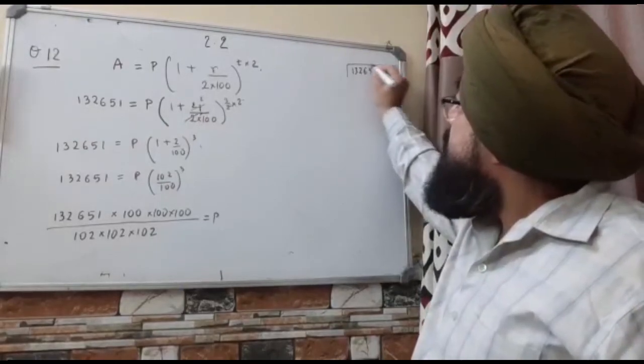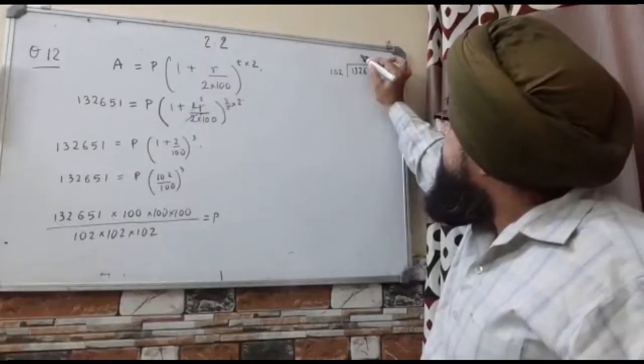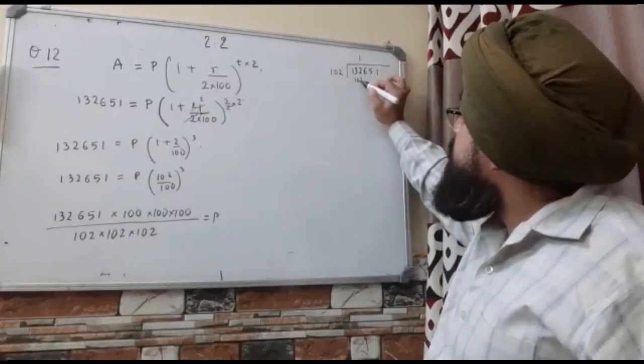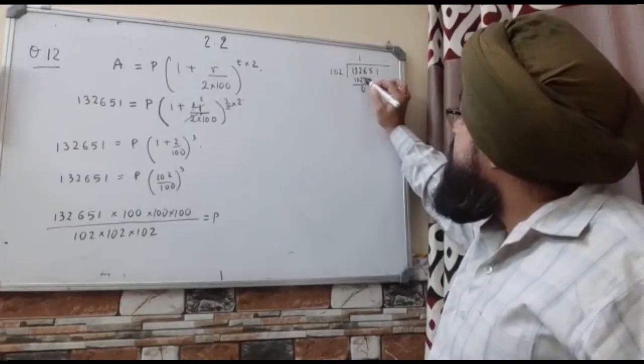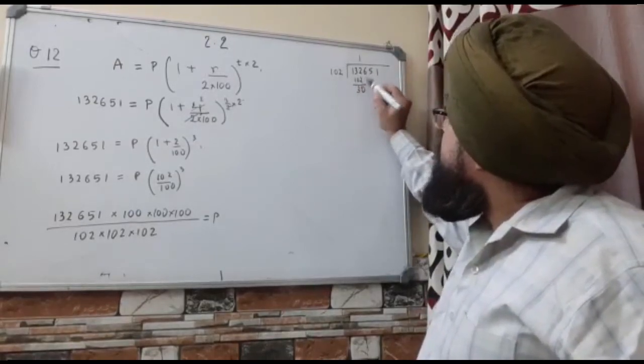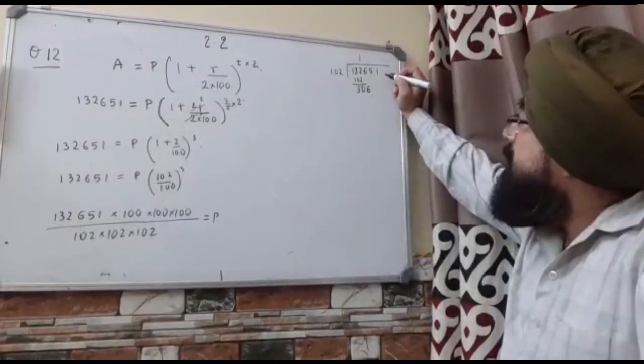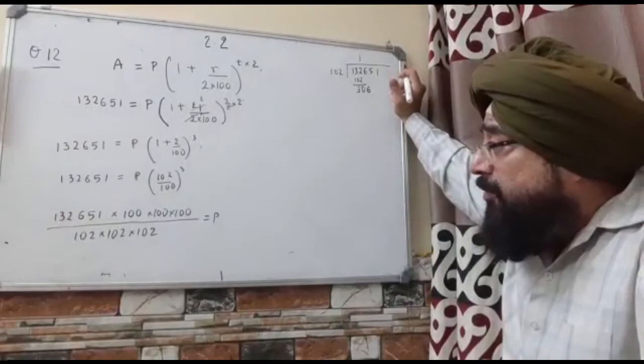So if I divide 132651 by 102, this is all I am doing in rough. You see what I get, 1s are 102, so left with 30, and with 6 copied down. Oh, lovely. But there's some problem there.